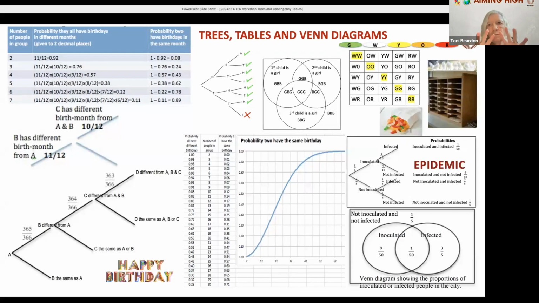I put on lots of pictures here, lots of tables, graphs, tree diagrams, and Venn diagrams, just to remind you. So please put your remark on the chat. What have you learned? Would you use it in class? Which one would you use? What grade? Whatever you want to say.